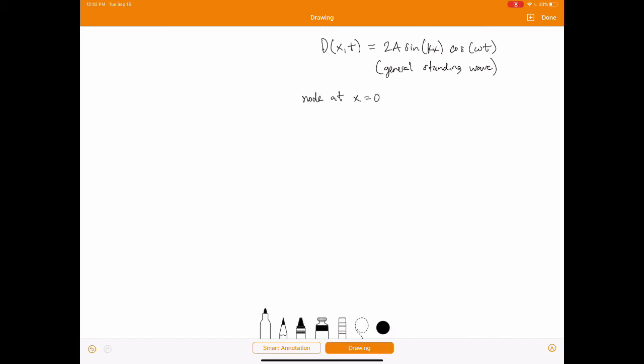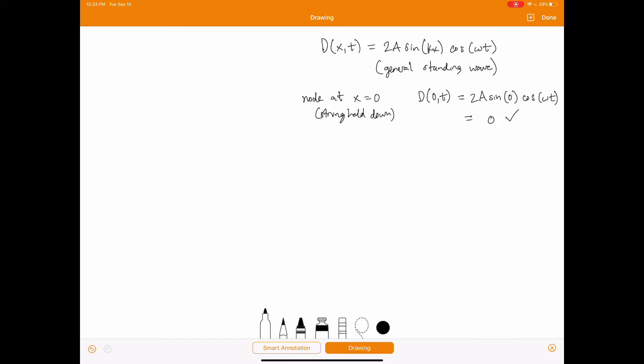That's where the string is held down. So if we plug in 0 for x, here's what we get. We have 2a, and then we have sine of 0, and then cosine omega t. But the thing is, sine of 0 is equal to 0. So this works. That's just verifying that we have a node at x equals 0.